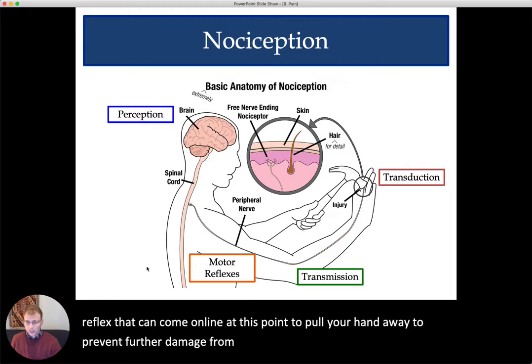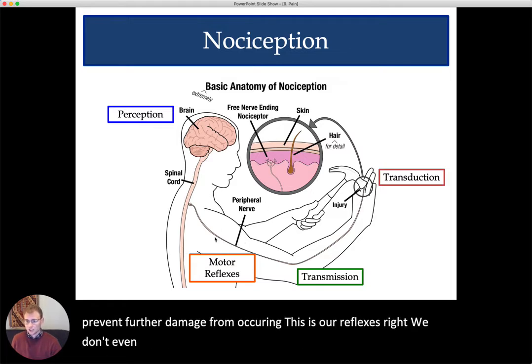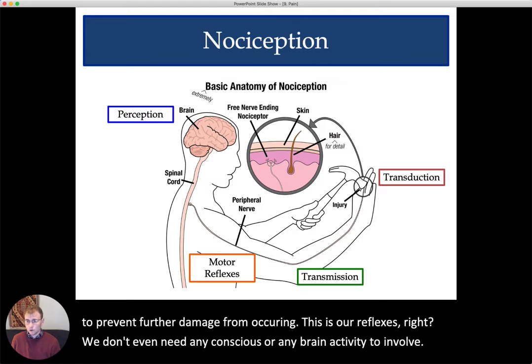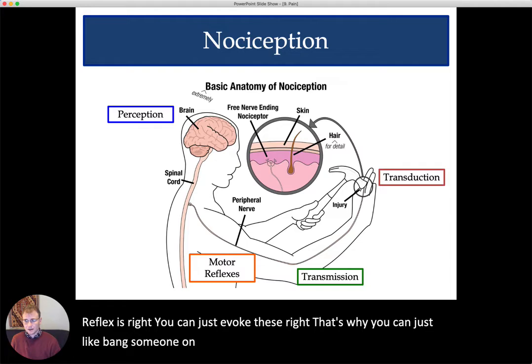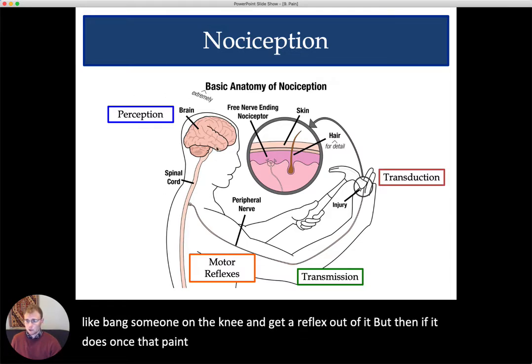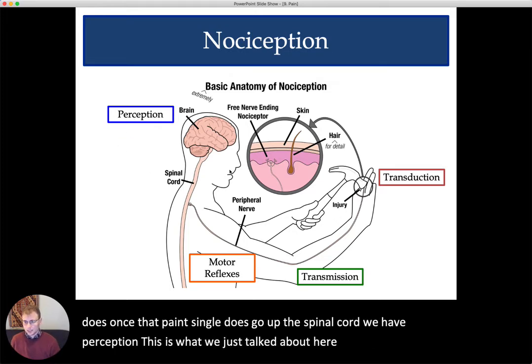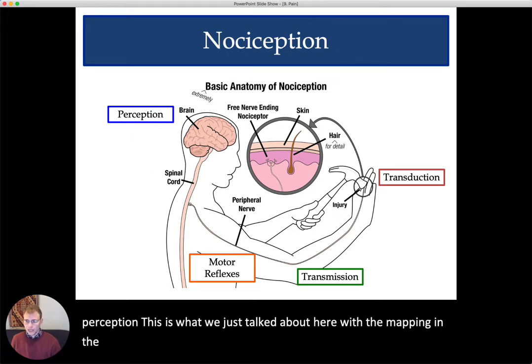This is our reflexes, right? We don't even need any conscious or any brain activity to involve reflexes, right? You can just evoke these. This is why you can bang someone on the knee and get a reflex out of it. But then once that pain signal does go up the spinal cord, we have perception. This is what we just talked about here with the mapping in the somatosensory cortex via signals sent from the thalamus.